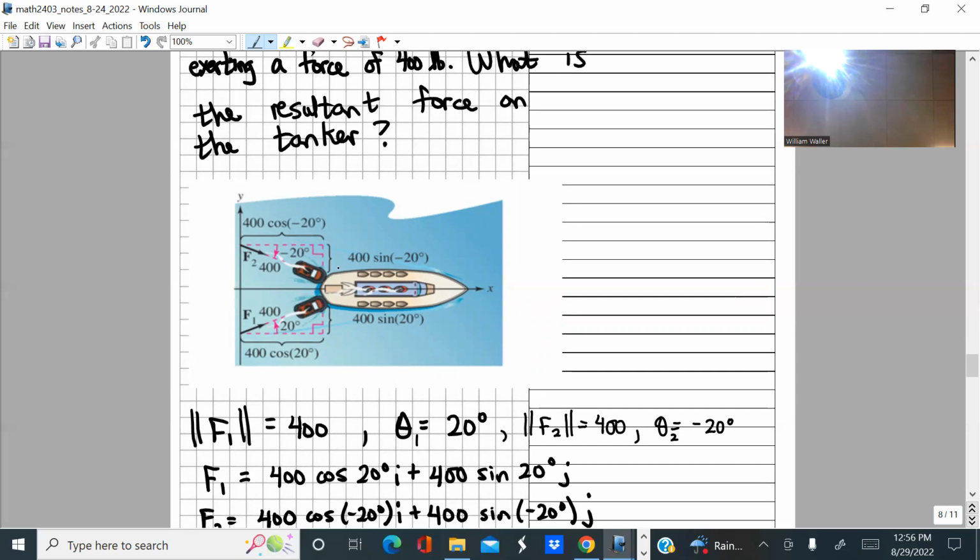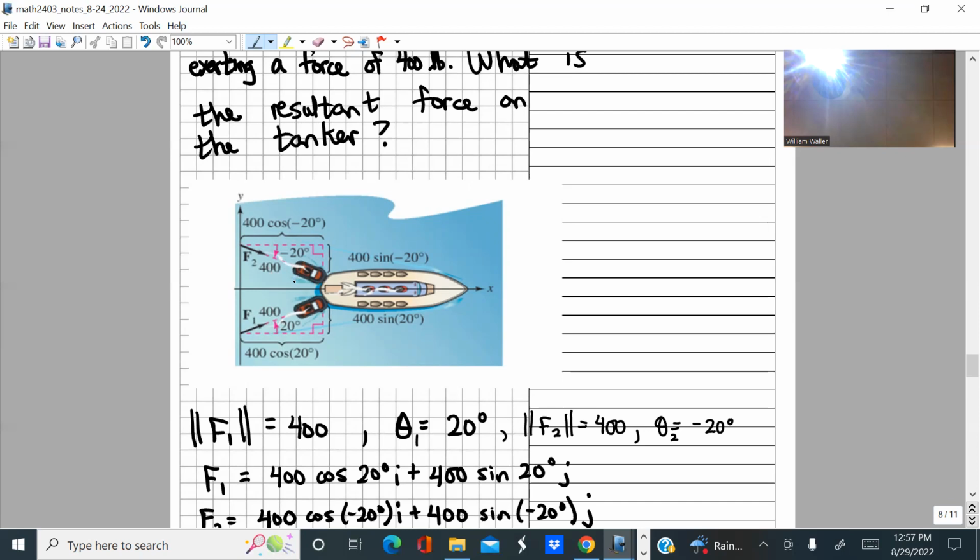This tugboat is pushing it in a slightly different direction. This tugboat is also pushing in a slightly different direction than just due east, as in this picture. So that means the total force being applied to the tanker is not going to be the 800 pounds.